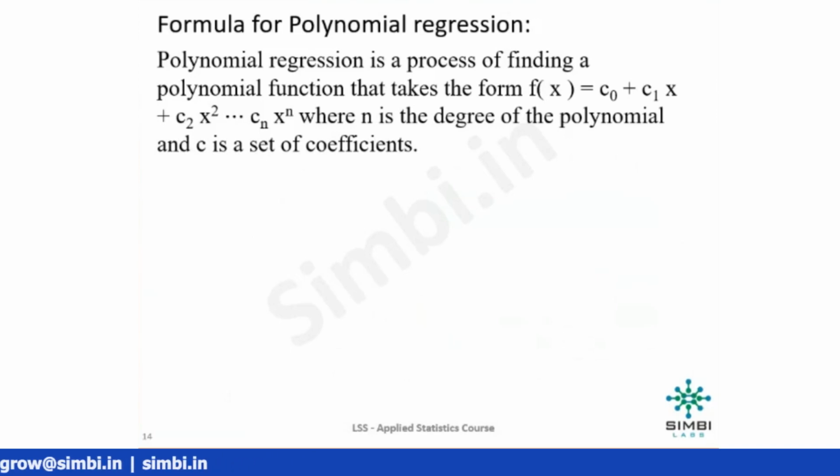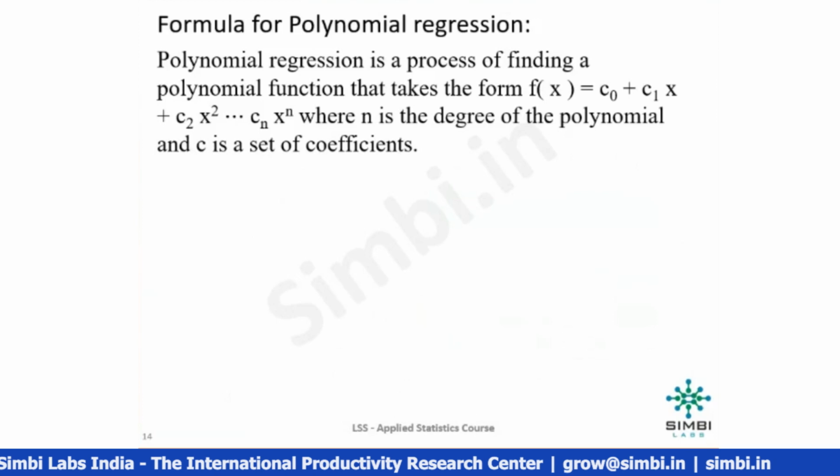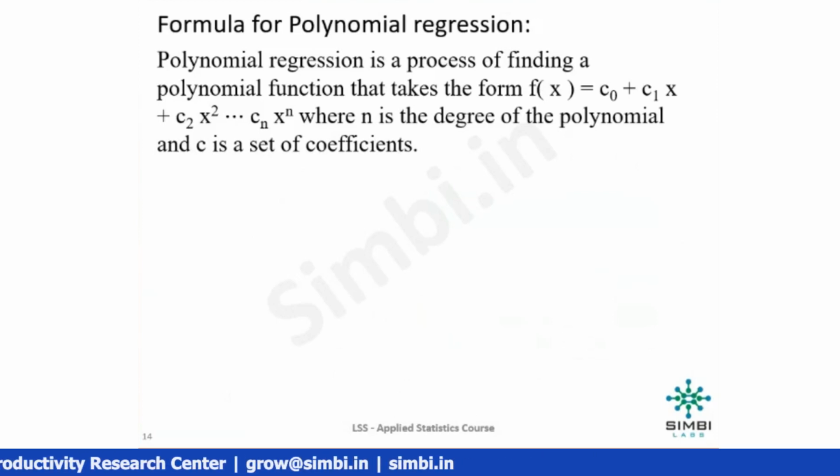Forward selection means this method increases the degree until it is significant enough to define the best possible model. Backward selection means this method decreases the degree until it is significant enough to define the best possible model. And for polynomial regression, we can use matrix multiplication also to calculate.